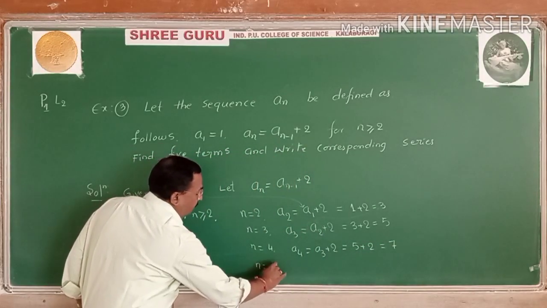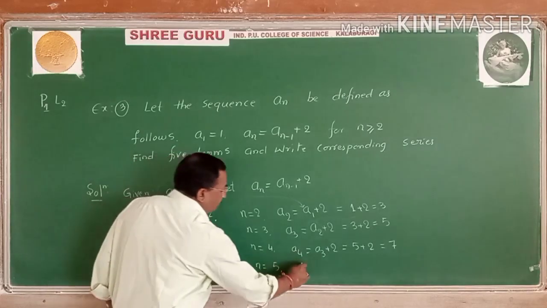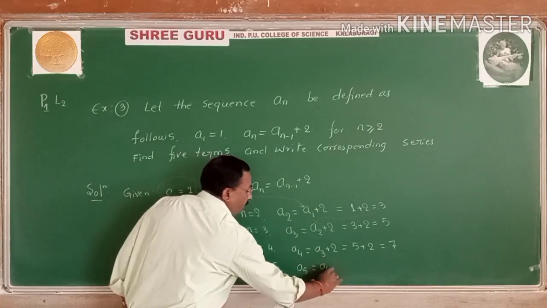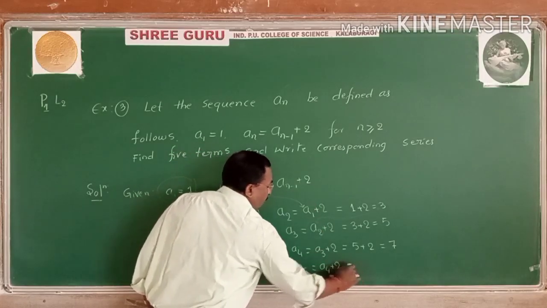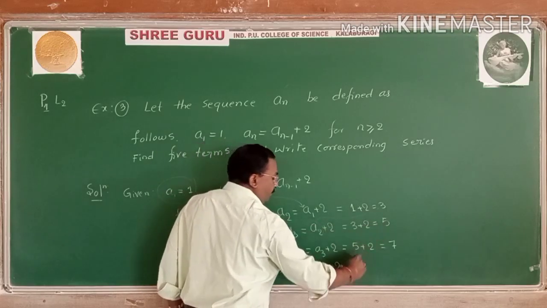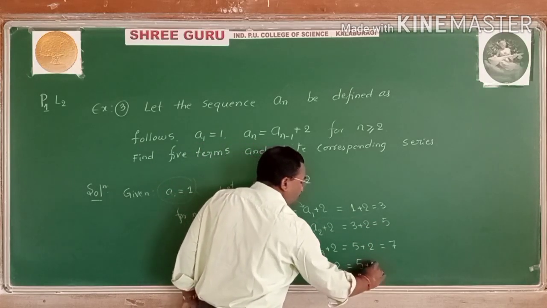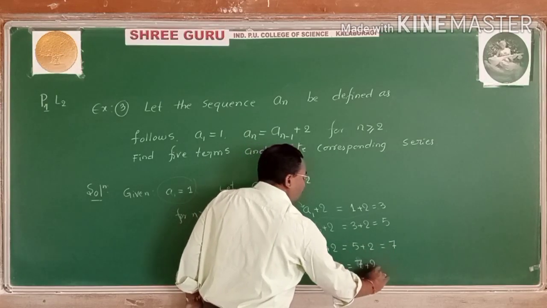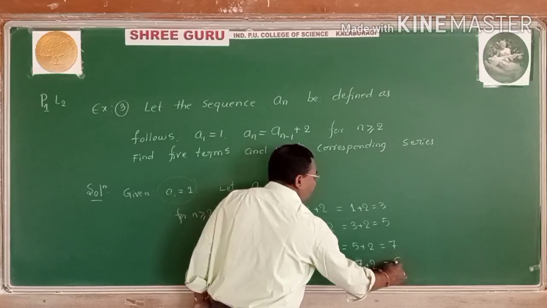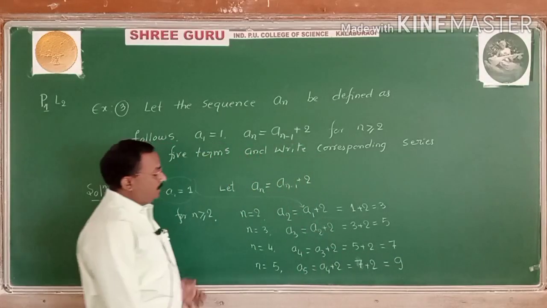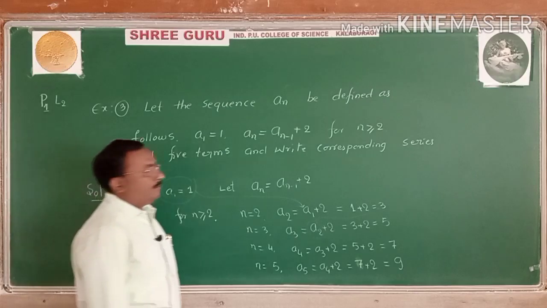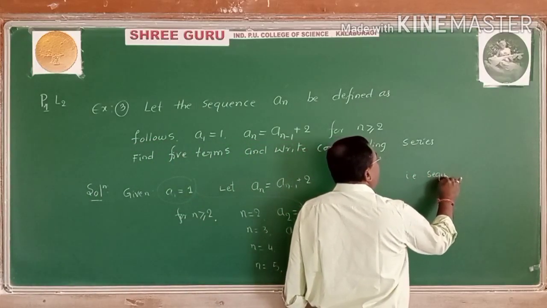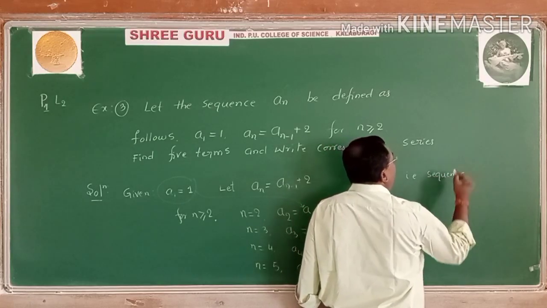Next take n is equal to 5: a5 is equal to a4 plus 2, 7 plus 2 is equal to 9.